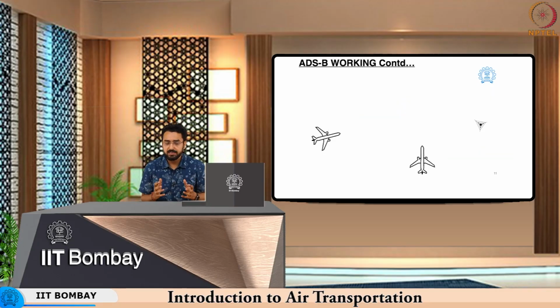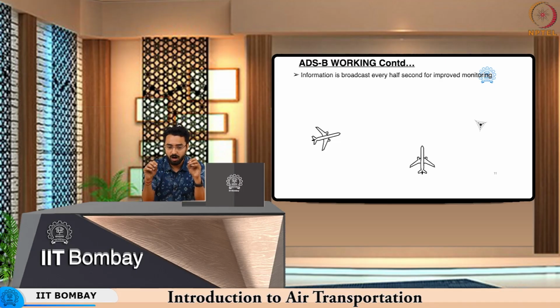So, what happens is that if there are two aircraft in the vicinity of a particular ADS-B ground station, both these aircraft will make use of the ADS-B transponder systems that are placed within the aircraft itself. Information pertaining to the coordinates as well as the sensor data will be transmitted or broadcasted every half second by all the parties involved, that is the aircraft as well as the ADS-B station.